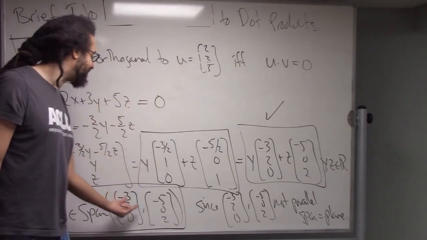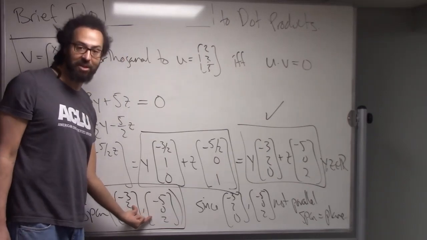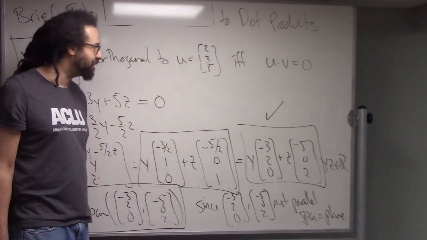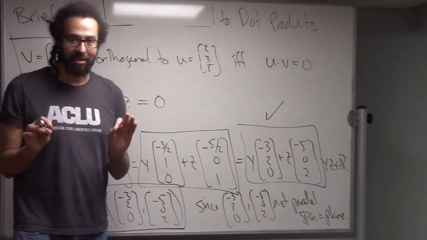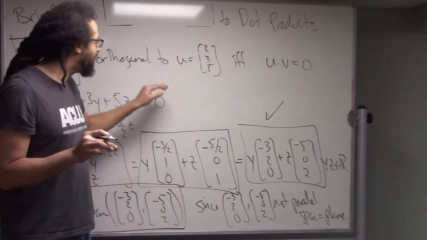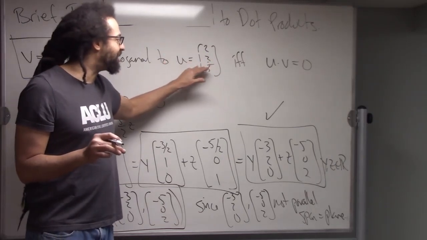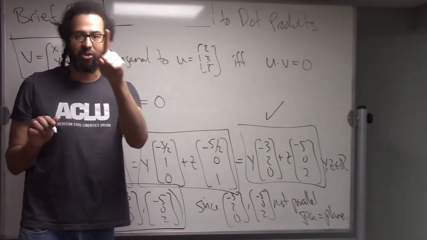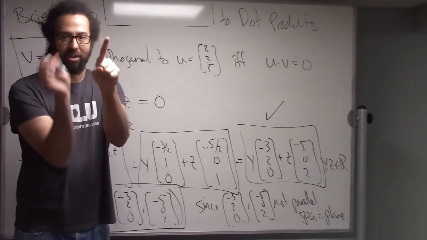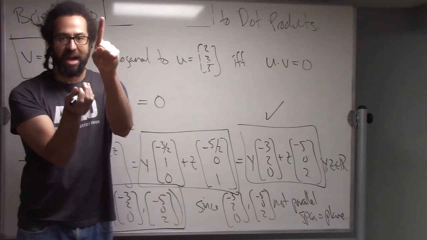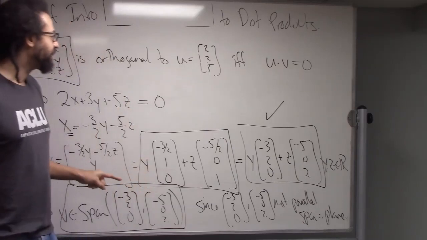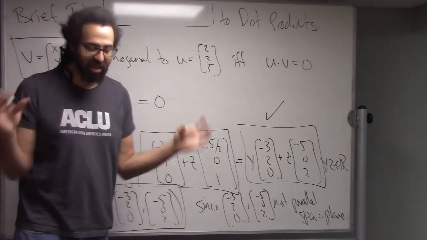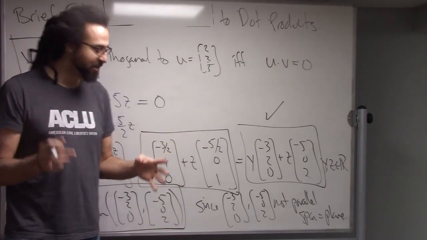And now every single linear combination of these two vectors is orthogonal to u. So the upshot here is the following. When you look at all of the vectors that are orthogonal to a fixed vector, right? All of the vectors that are orthogonal to a fixed vector, when you collect them all, form a plane, right?